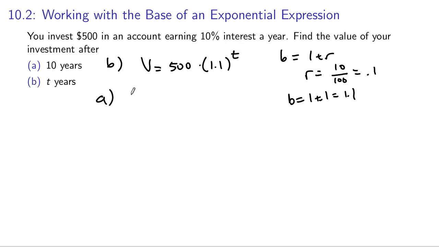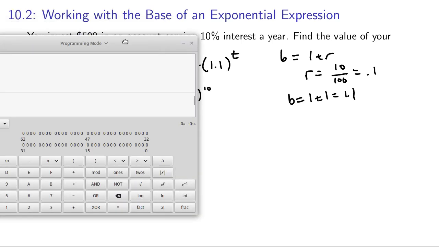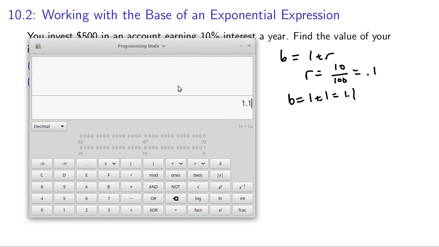So for part A, the answer would be 1.1 to the 10th power, to multiply by 1.1 ten times. And this is where a calculator is going to be very handy in this lesson. So 1.1 to the 10th power is 2.593 and so on.